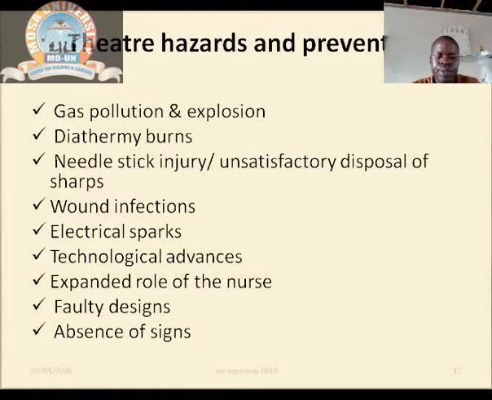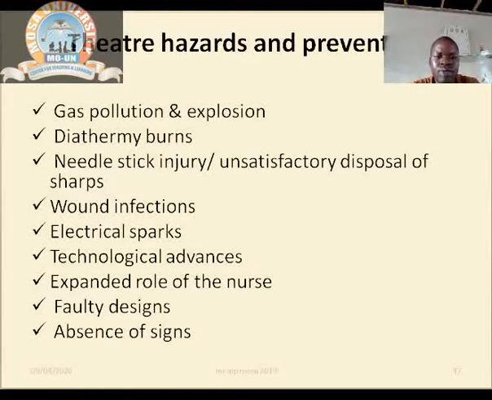Wound infections. If we are to prevent wound infection postoperatively in the wards, the aseptic techniques have to start in theater by ensuring that the area where we are operating from is clean enough. We are using sterile equipment, sterile gauze, forceps, everything that has to be used on an operation that is sterile.